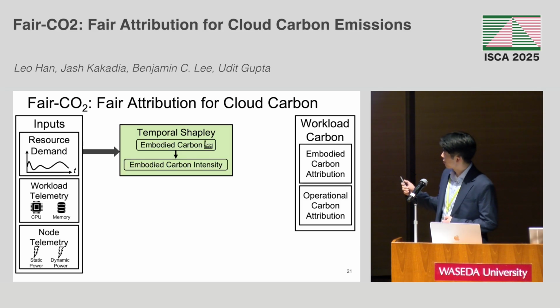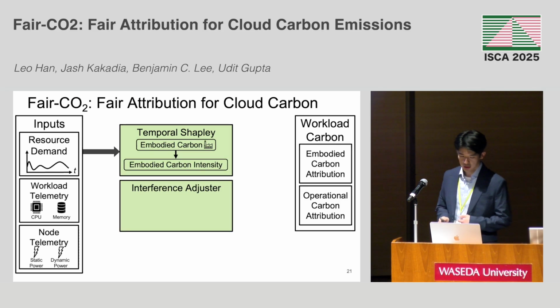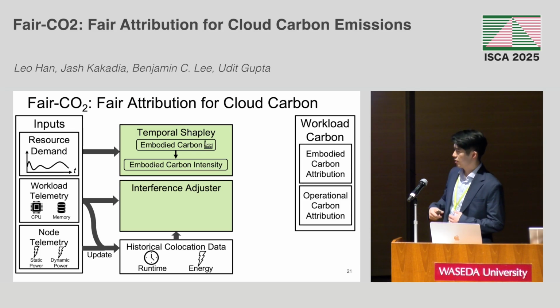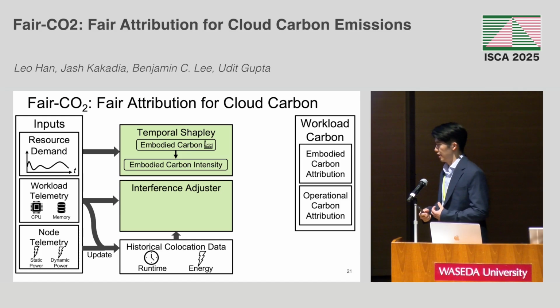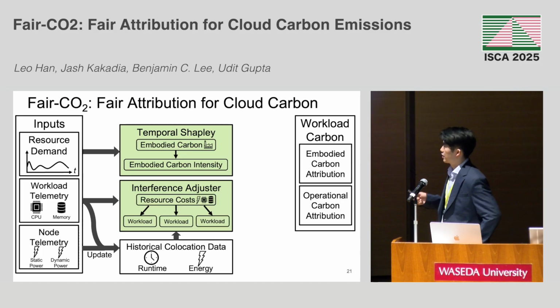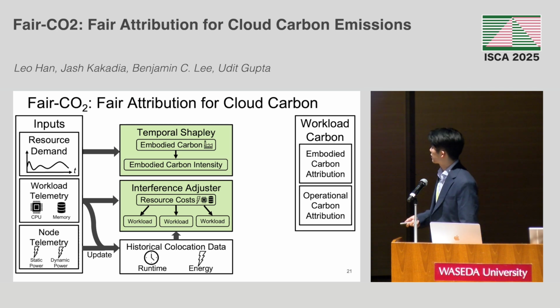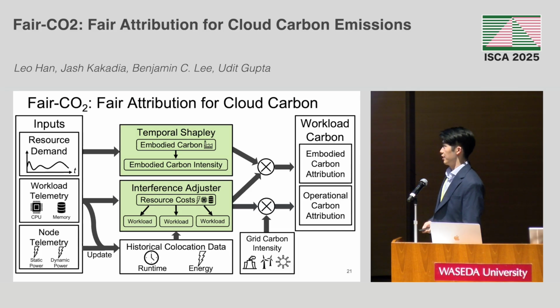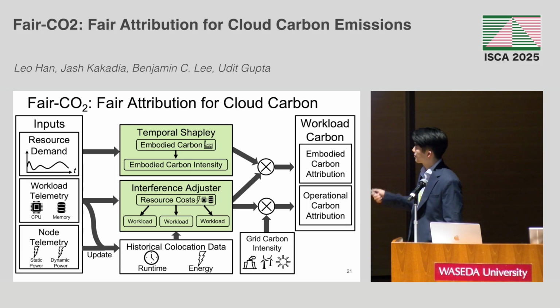The second core component is the interference adjuster, which takes in workload telemetry along with historical co-location data to build an image of how each workload responds and deals out interference, and then uses that to adjust resource costs to offset the unfair effects of interference. Adjusted resource costs multiplied by the embodied carbon intensity gives the embodied carbon attribution, while adjusted energy costs multiplied by the grid carbon intensity gives the operational carbon attribution.